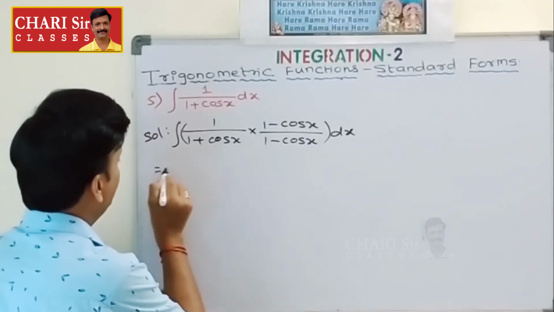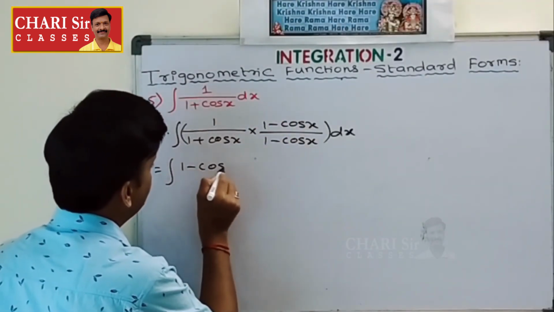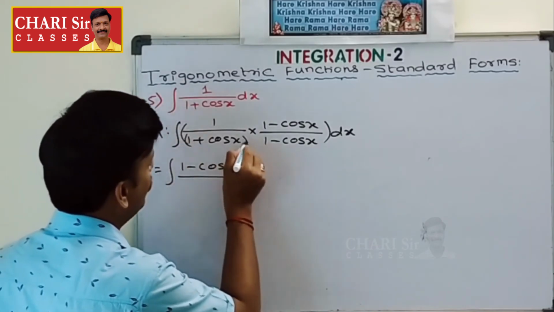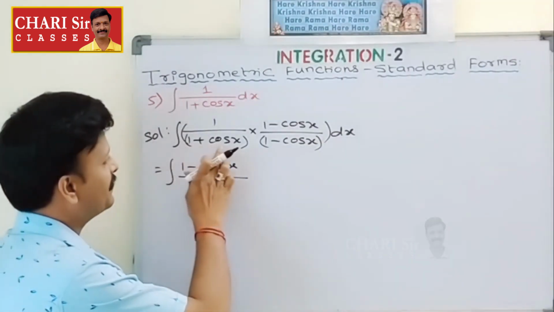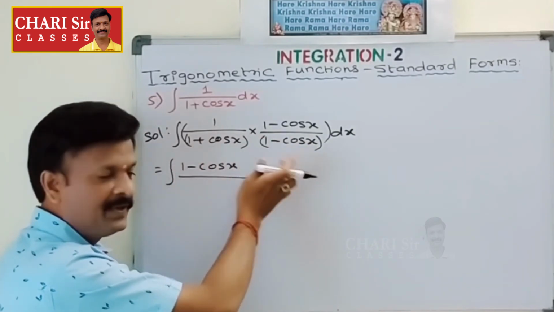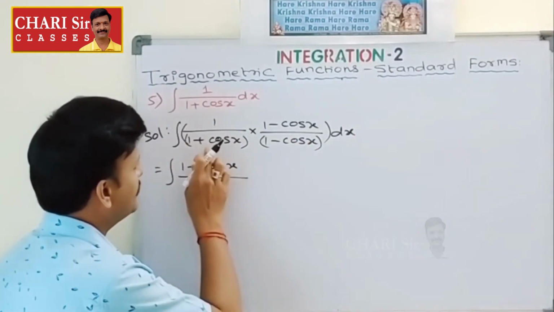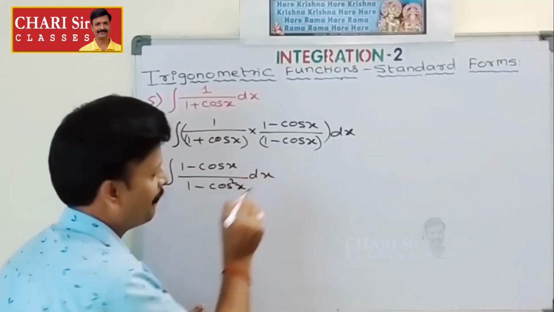Now we multiply here: integration of 1 into 1 minus cos x. You can write 1 minus cos x divided by 1 plus cos x into 1 minus cos x. It is in the form of a plus b into a minus b. A plus b into a minus b is a square minus b square, that is 1 square, which is 1, minus cos x whole square, that is cos square x, dx.